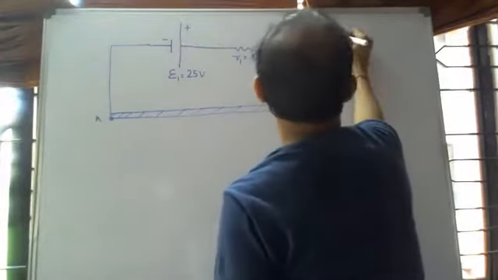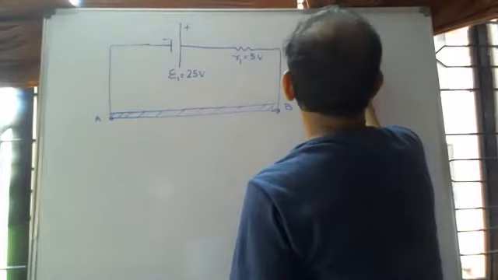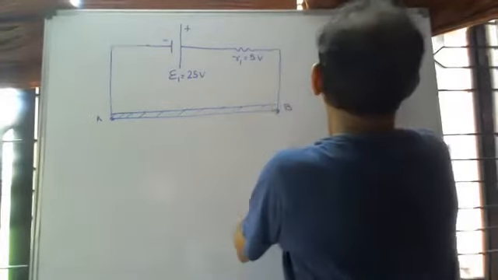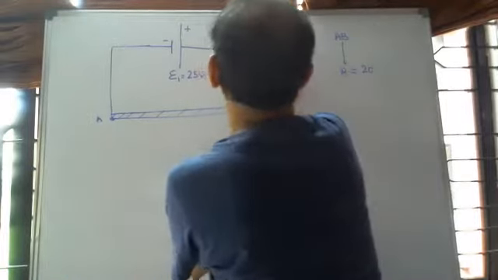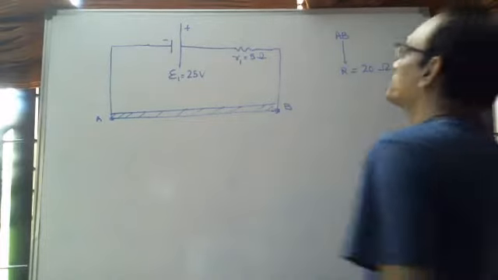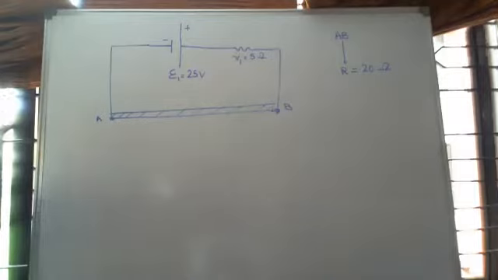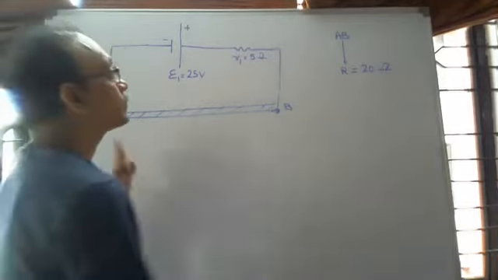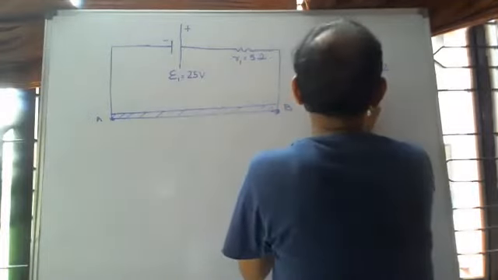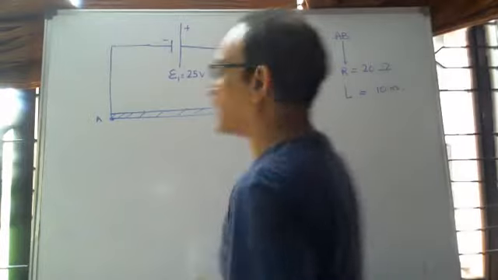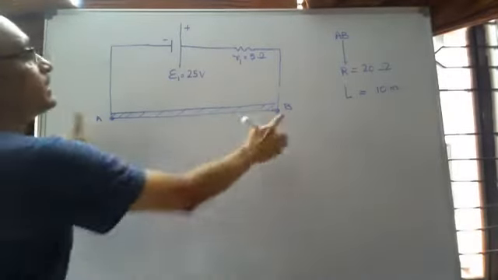AB का सपोज रेजिस्टेंस है, AB का रेजिस्टेंस कैपिटल R है, 20 और 25 ohms, सॉरी 5 वोल्ट्स लिख दिया, ये 5 ohms कर दो, इसका 20 ohms कर दो. ठीक है, 20 ohms कर दो इसका रेजिस्टेंस. हाँ, और इसका सोचो लेंथ L ऑफ AB, सोचो 10 मीटर्स का लेंथ L 10 मीटर्स का, इसका AB का.